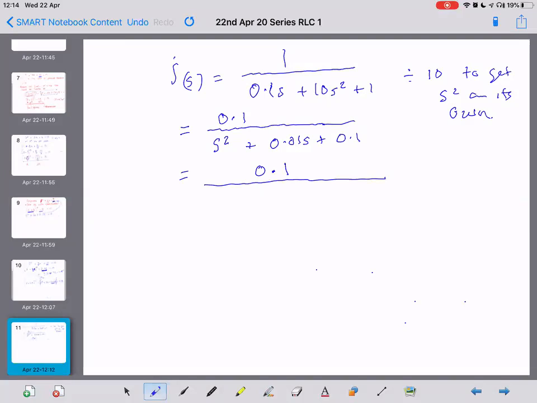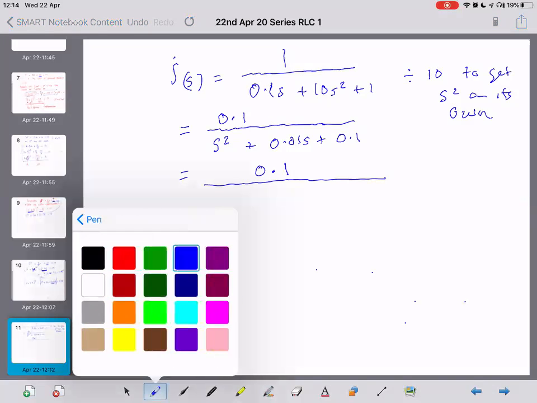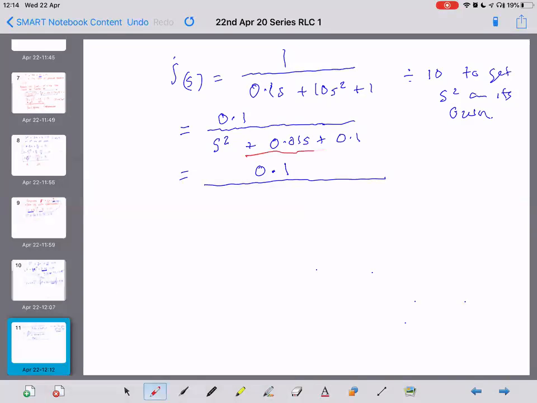I'm going to write this denominator down here as the perfect square. So we know we've got to do s in brackets, and we've got to do this 0.01 over 2.